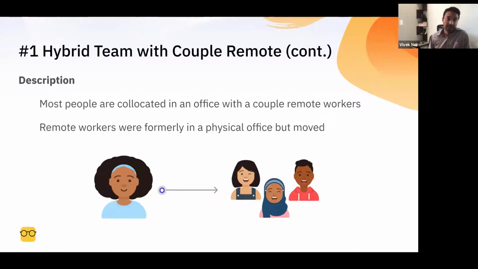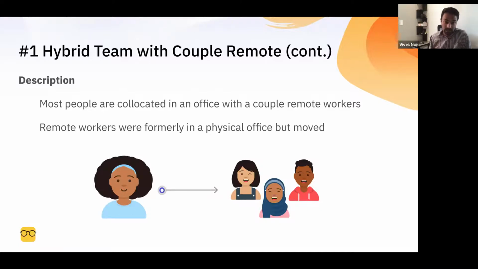Inside of this setup, most people are co-located inside of an office with only a couple remote workers. And generally speaking, remote workers tend to be people who were formerly inside of a physical office, but had to move for a variety of reasons. Either their wife or husband got a job across the country, but they still wanted to maintain working with the same team.